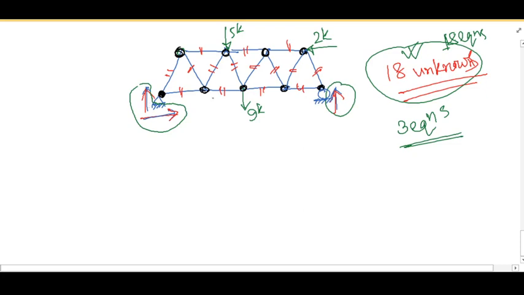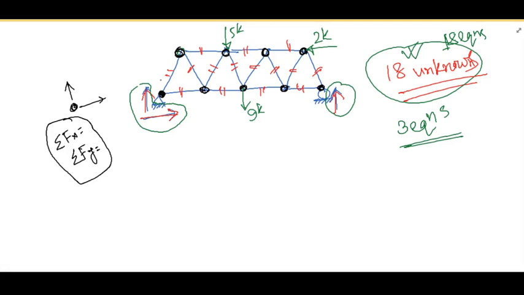From each joint there are 2 possible equations, summation of Fx equals 0 and summation of Fy equals 0, individually. So from each of these joints, you will be getting 2 additional equations. So 2 multiplied by the number of joints you will be getting as equations.